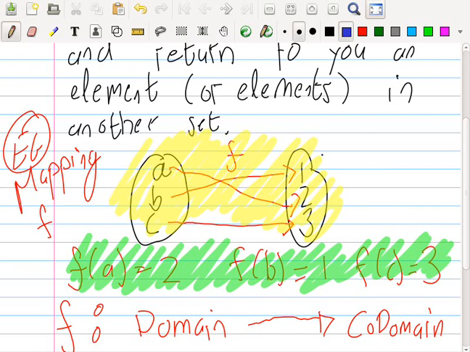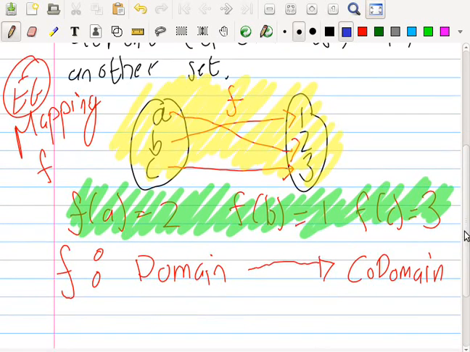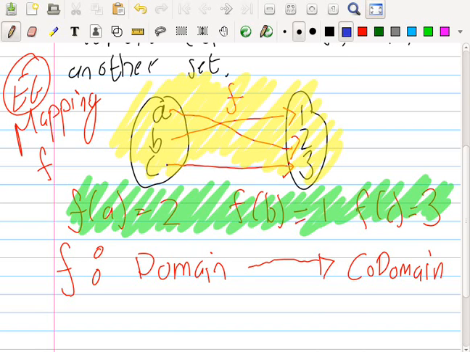Okay, you got this? Now, the next thing I'm going to show you is very important to explain the difference between a mapping and a function. Okay? So you can do this with a mapping. You could do something weird like this. You could say C goes to 2 and F of C equals 2.